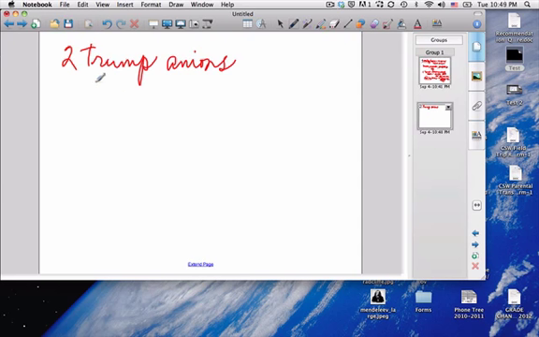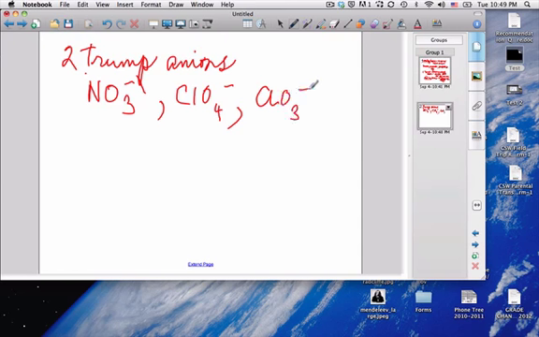Okay, and those ions are nitrate, which is NO3 minus 1. See if I can get these right. Perchlorate. Ooh, perchlorate. Not quite as professional as I'd like. Chlorate, ClO3 minus 1.